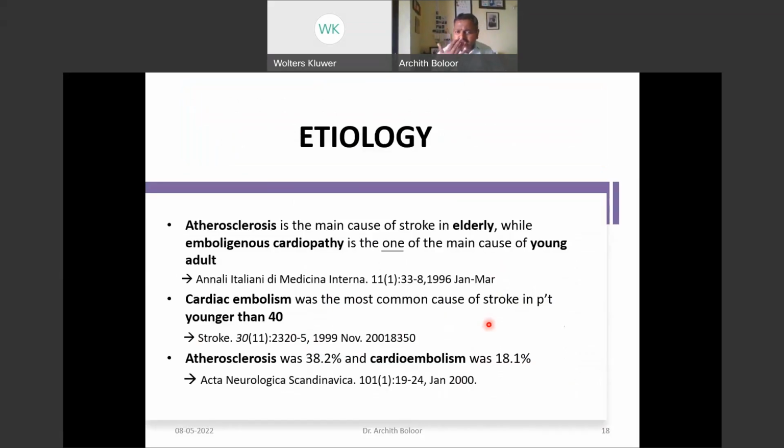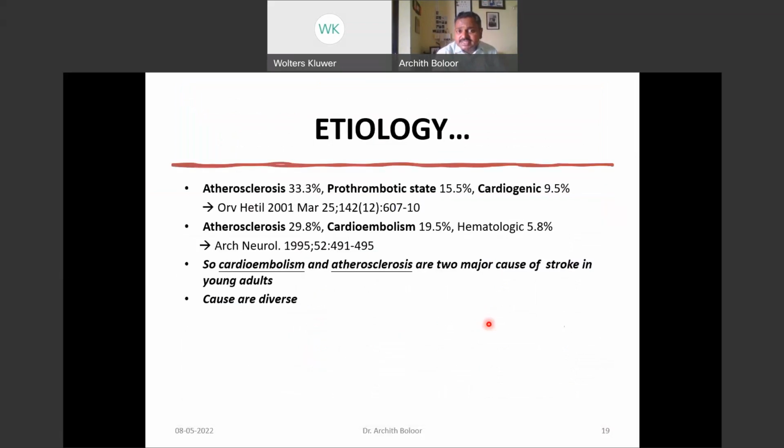So cardioembolic stroke is by far the commonest in the Western literature as well as in India. The cardioembolic strokes are by far the most common strokes as of now. And if you add on PFO to that, they will become the most common. So embolic strokes are the most common strokes in the younger, especially if there is no prothrombotic state.